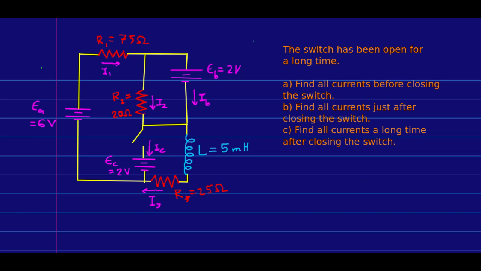And so we know that initially I3 has been constant for a long time, and so the EMF in the inductor is 0. And I'm now going to indicate some junctions and loops and write the laws for them.